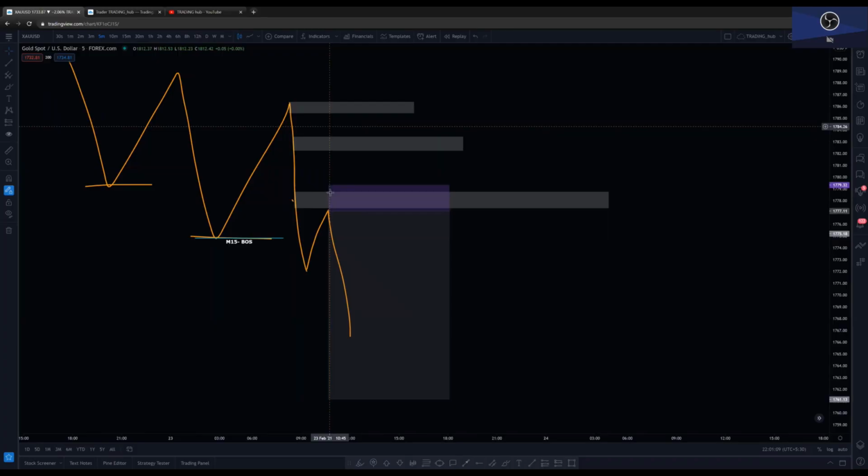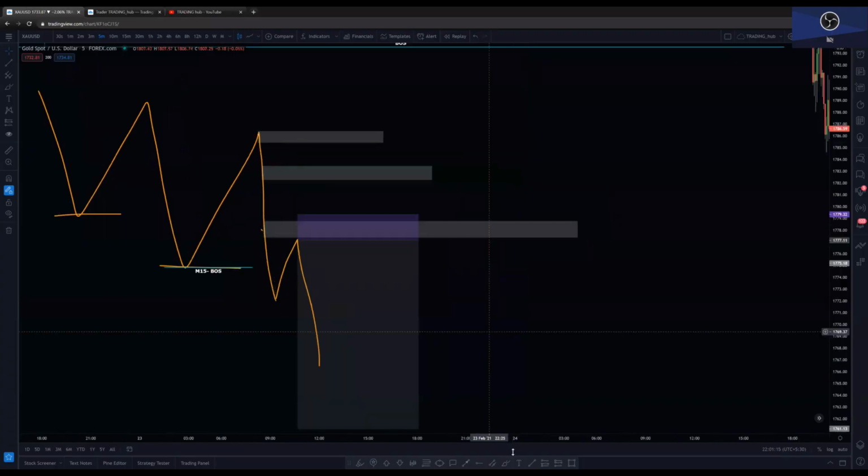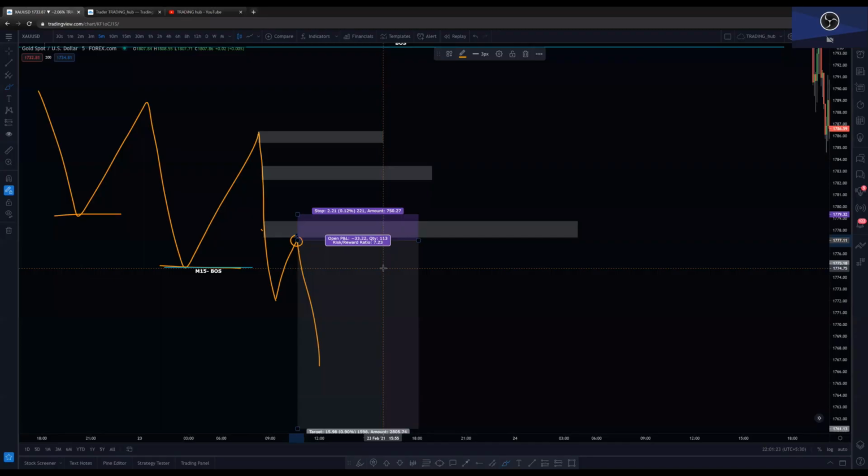That means the market may take upside and then go downside. So how can we take advantage of them? First thing, when the market comes back here and moves on the 5-minute, 3-minute, maybe 2-minute, you can see a minor structure looking like this.